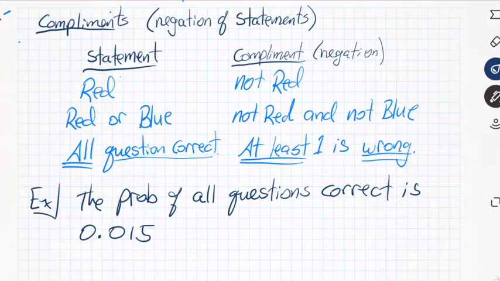Now I'm writing it as a decimal, so this is the same thing as 1.5%. If you multiply by 100, it changes it to a percent. Now you got to be careful. I'm going to talk about both of them and how the complement works for a percent version of probability and a decimal version of probability.